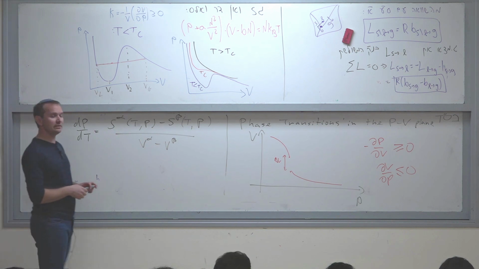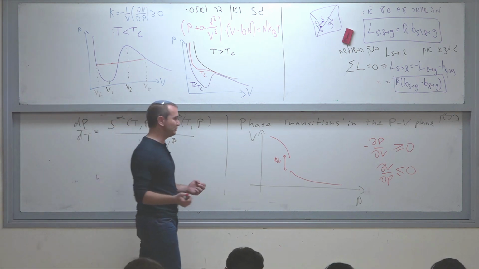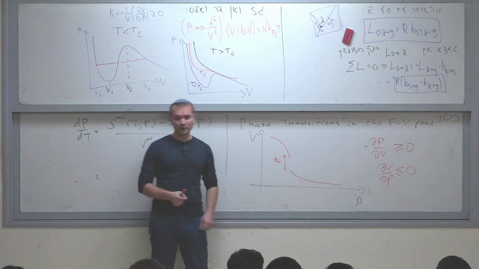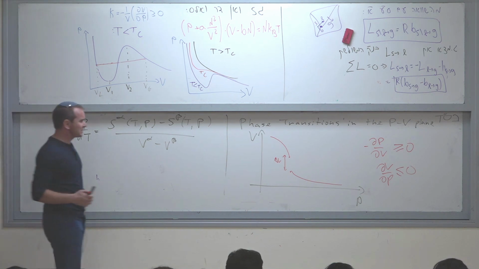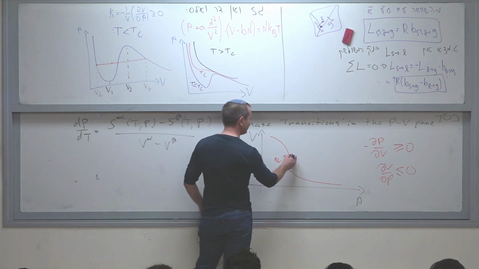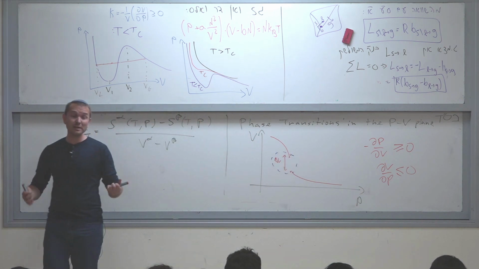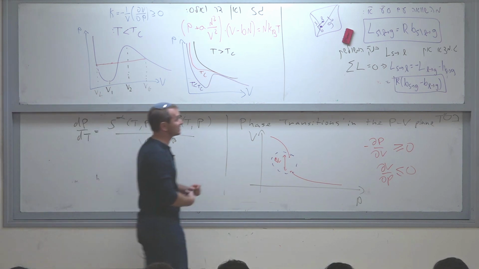This is why we are using this plane, because we know for any system in equilibrium how volume should behave with pressure. Okay. So what we do expect is to observe some sort of a jump, and this jump will describe to us where the phase transition occurs, how it occurs, etc.